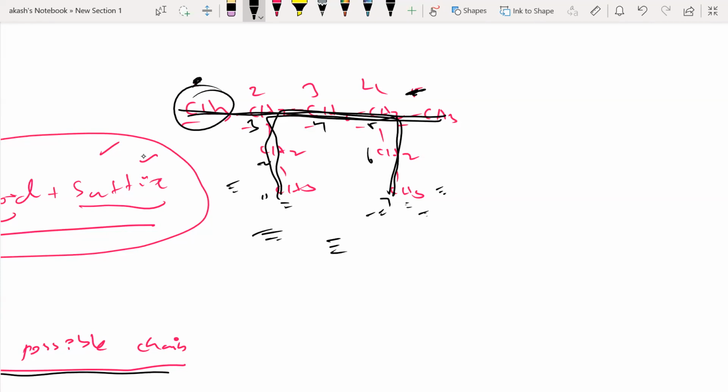Obviously, this carbon atom is extra, this carbon atom is extra. We'll see what you are going to do about it. Don't worry. You have to first identify the longest possible chain, and you are going to give numbers to the carbon atoms only in the longest possible chain.